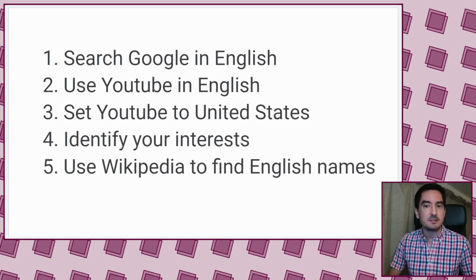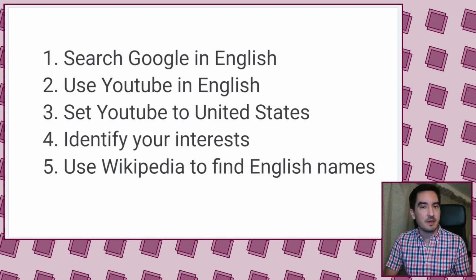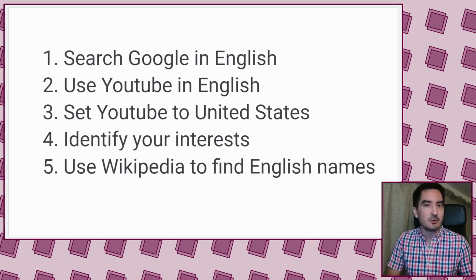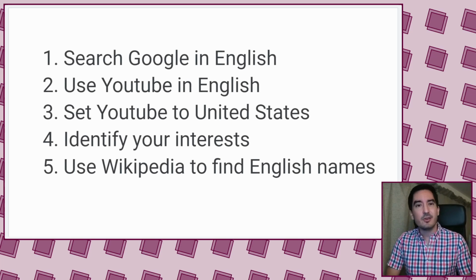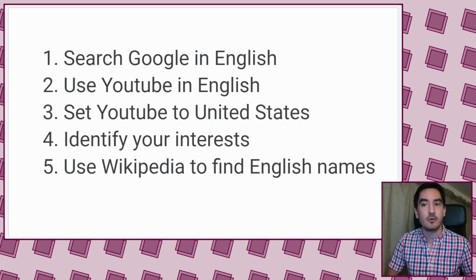So there are a few things we can do that we can change some settings to help you to stick to English. And these are things that you don't need to do all the time. Like, you don't have to keep Google in English forever. You can turn it on and turn it off. So only when you find it useful.